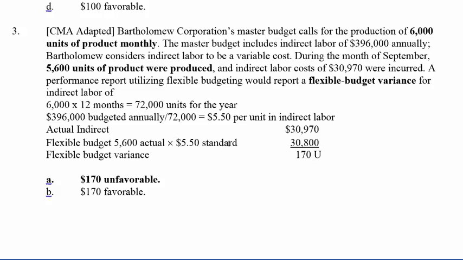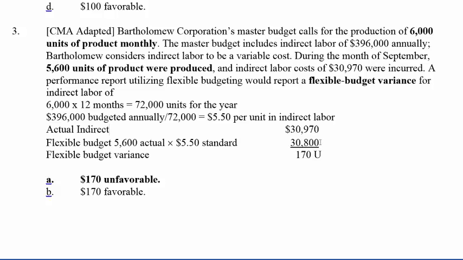And those two are the culmination here at $5.50 standard per unit that we just calculated. So 5,600 actual quantity times our standard allowed of $5.50 means we would have shown in our budgeted flexible budget column $30,800.